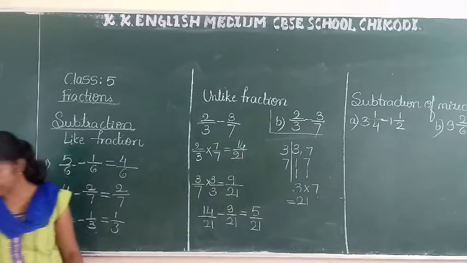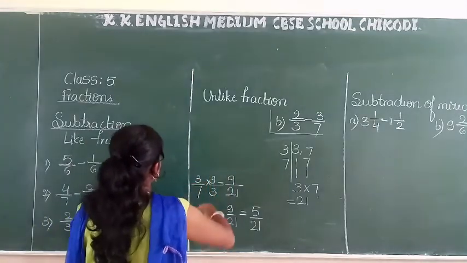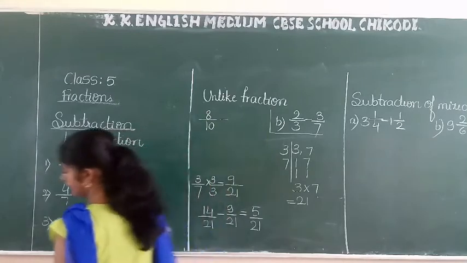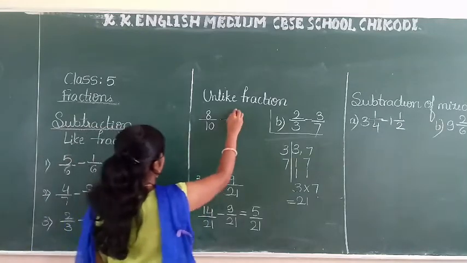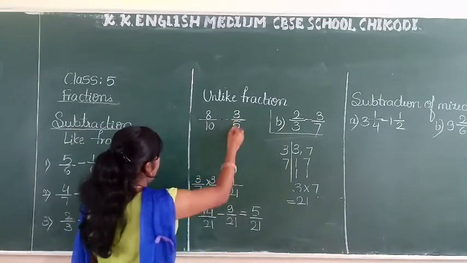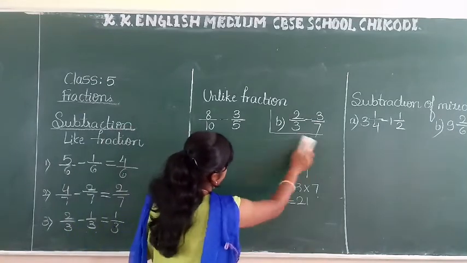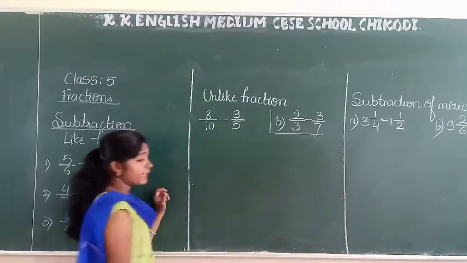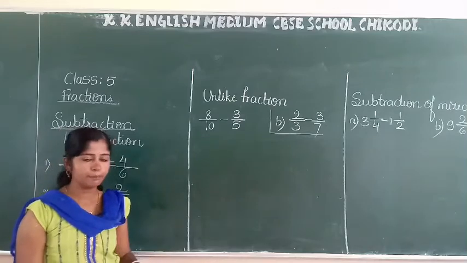8 by 10 minus 3 by 5. I am solving these examples for your practice. When you are watching these videos, try to solve whichever examples are solved by me.